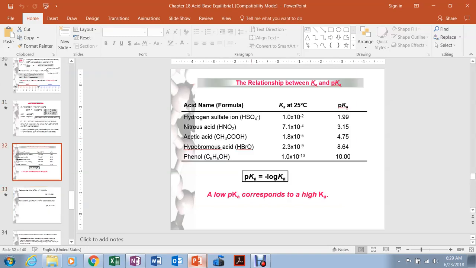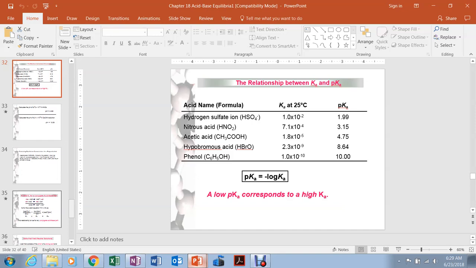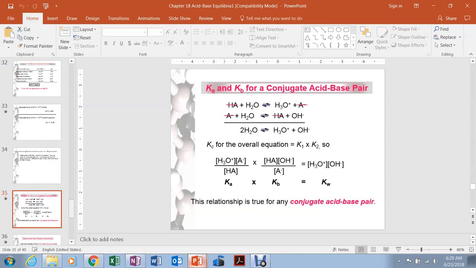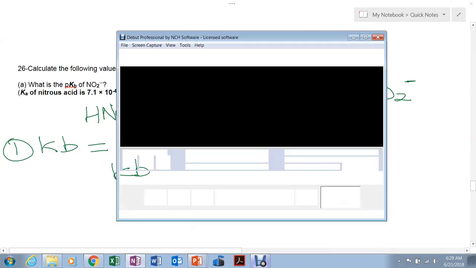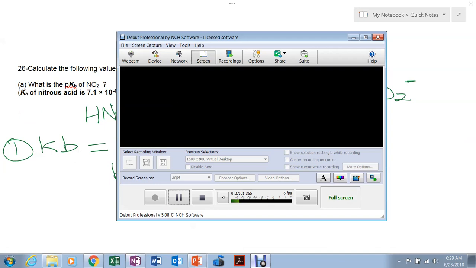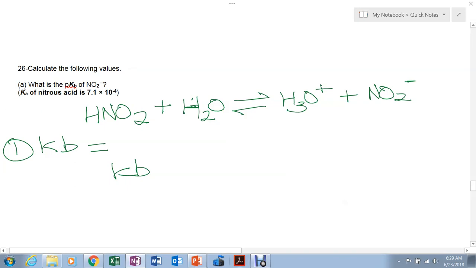Here, this one. Yeah, this one. Ka by Kb equals Kw. I'm going to go through that again, but you know that now. And that's the way Kb multiplied by Ka equals Kw.